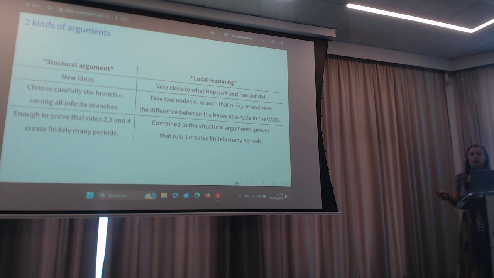So we will need a second set of arguments, which I call the local reasoning, and it's very close to what Hopcroft and Portier did at the very end of the proof. It was the moment when we took the difference between two bases in the Hopcroft-Portier DAG, expressed it as the weight of a cycle in the VASS, and then decomposed it into simple cycles. So we did this kind of argument, but it was much more difficult in our case.